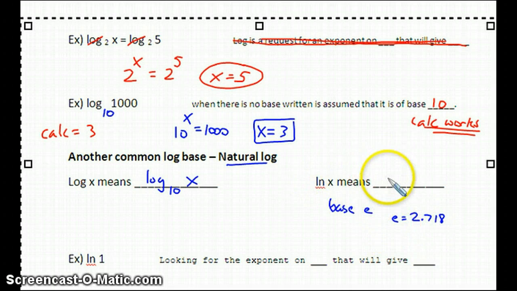So this problem is really saying the natural log, base e, of x. Depending on which log you're using will depend on what your base is. When it's a regular log, it's base 10. When it is the natural log, it's base e. Let's keep that in mind when we look at our next examples.